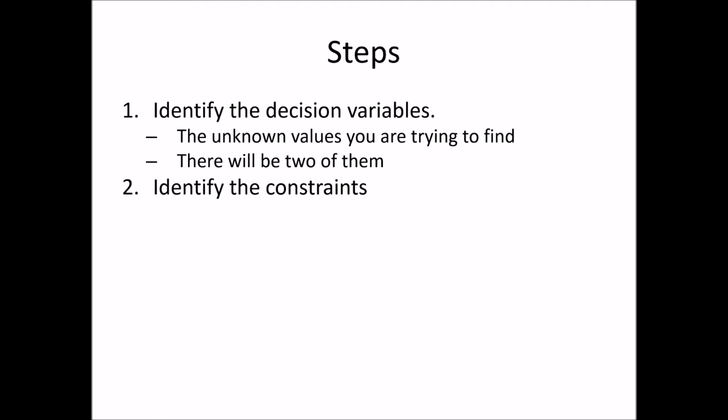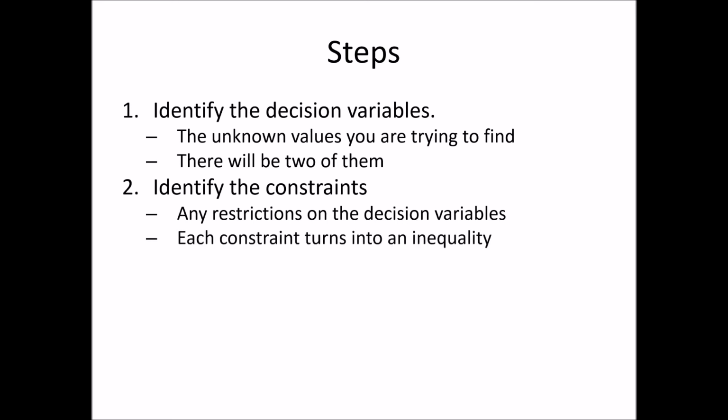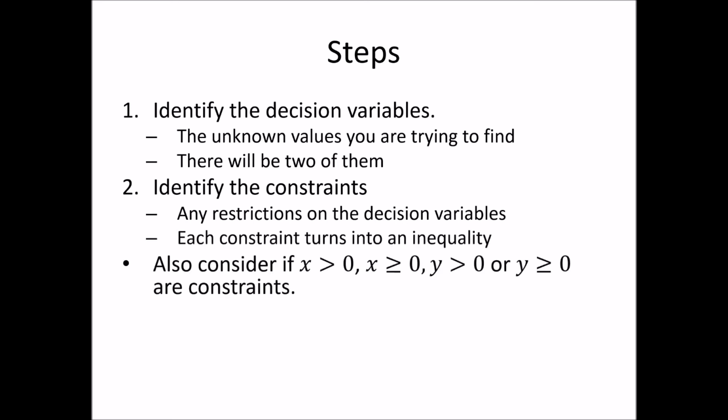Next up is identifying the constraints. This can be a bit of a challenge, but you really just have to practice and get familiar with the type of language. Those are restrictions on the decision variables, as I said before. Each one becomes an inequality. Some key constraints that we sometimes have are x and y greater than or equal to 0.